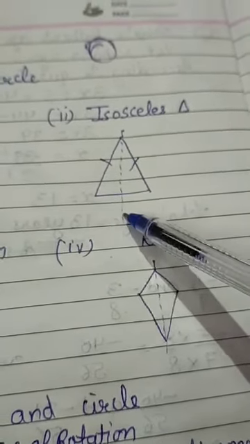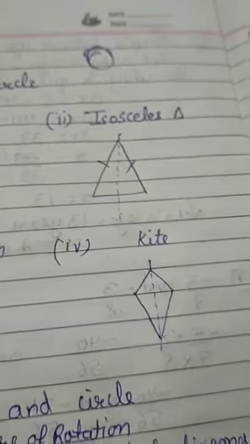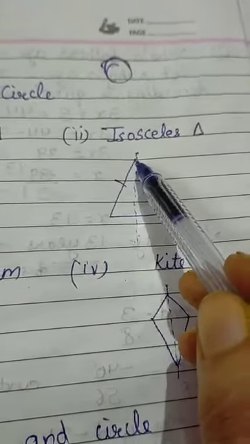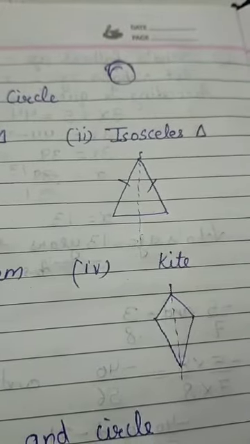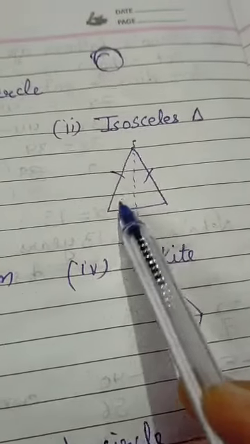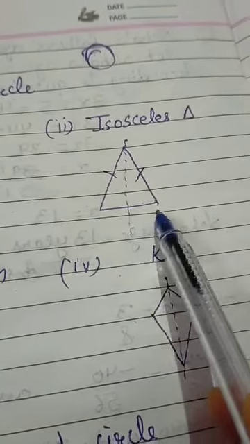Now it has no rotational symmetry, because when we rotate it, look at this figure, there is a top and this is the line. When we rotate it like this, it is not the same, because in that figure a small line is coming on the base, right?